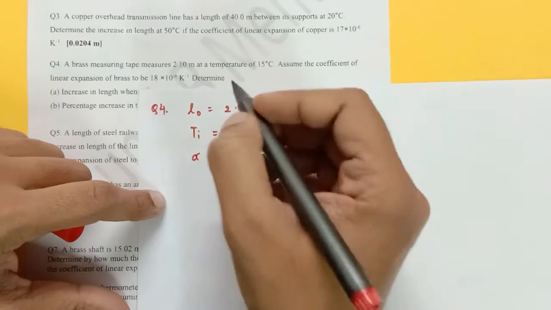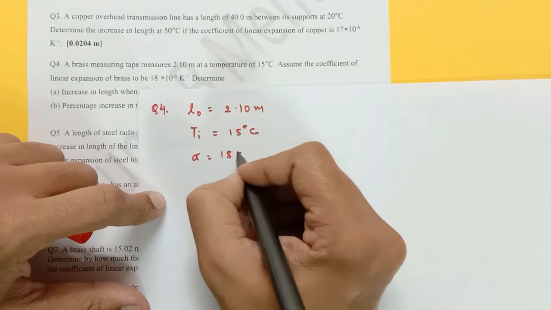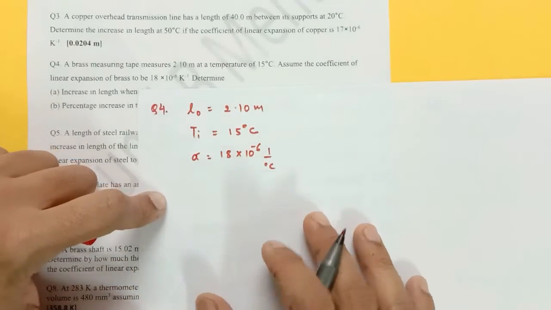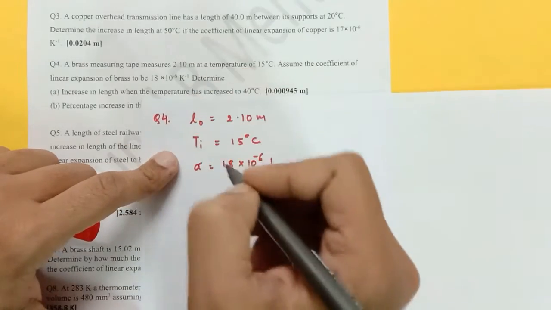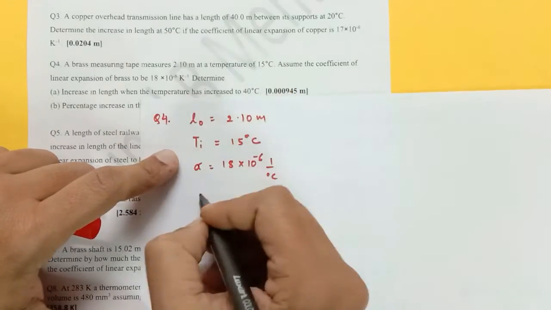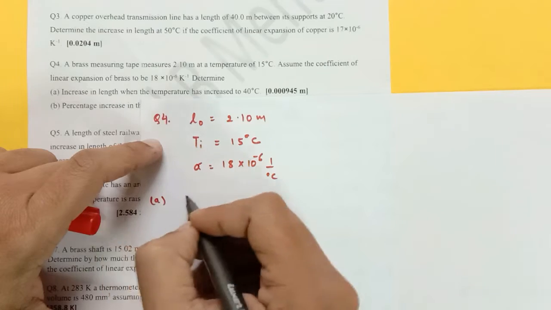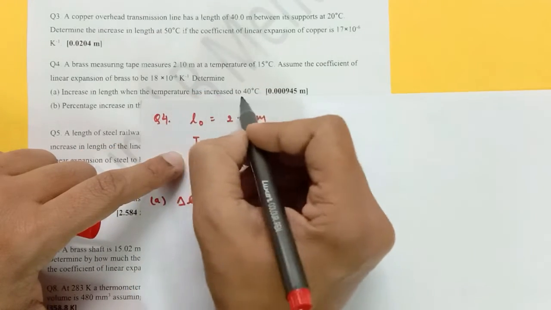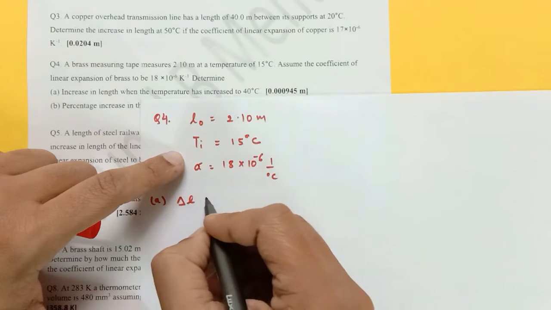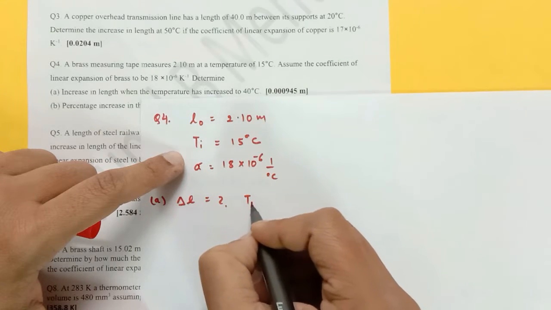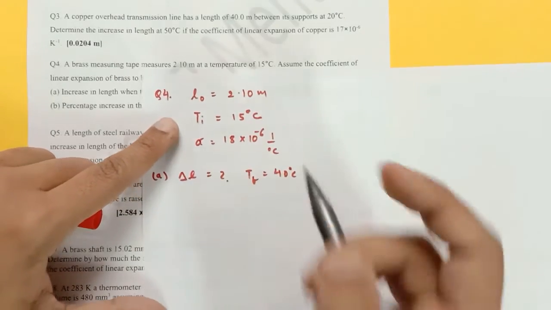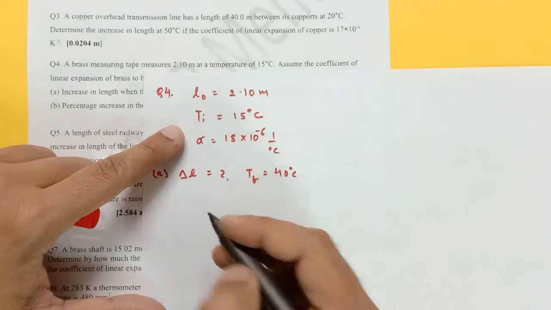Alpha is given to us as 18 into 10 raised to minus 6, 1 upon degree Celsius, degree Kelvin, doesn't matter. We are supposed to find out delta L in the first part. Delta L if delta T, or if the final temperature is this. So final temperature TF is 40 degrees Celsius.